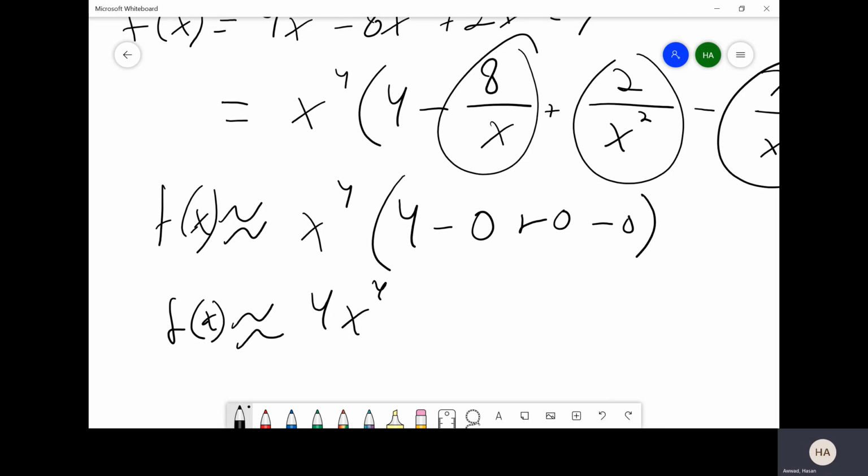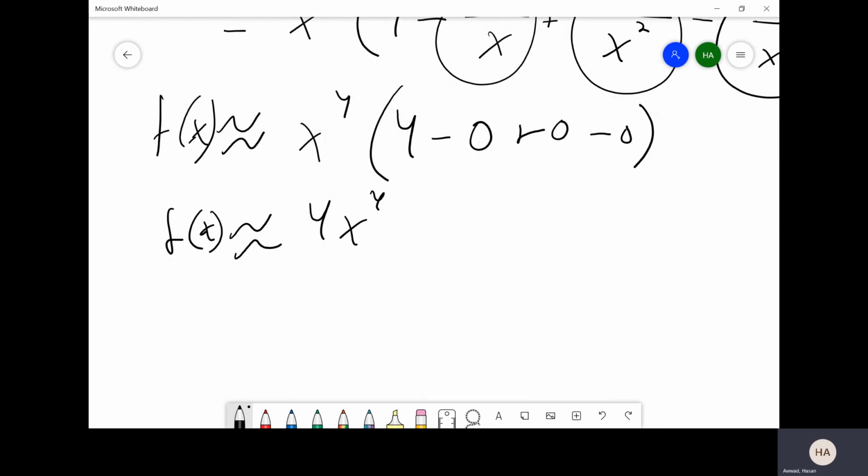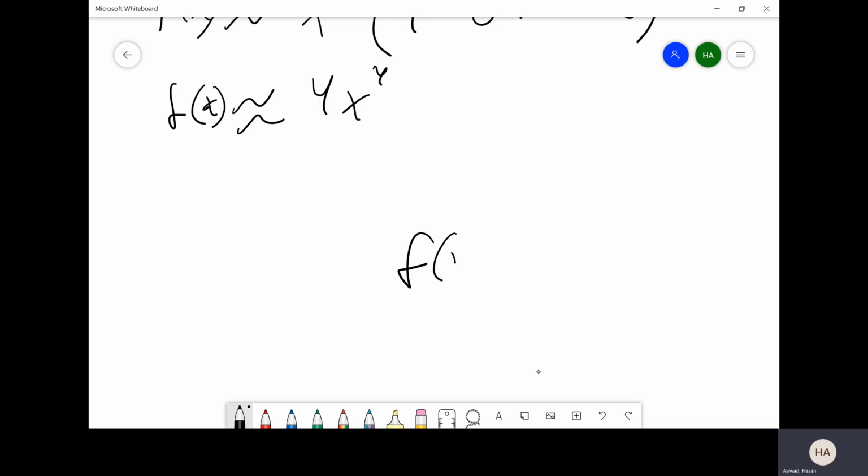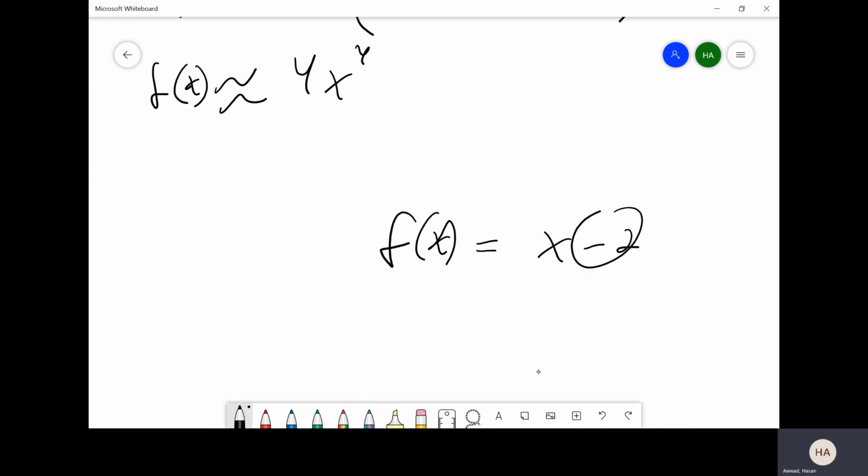Okay? And this is a little bit easier to see if you talk about linear equations, right? Just say, for example, I had f of x is equal to, I don't know, x minus 2. When you're talking about just a linear equation, this becomes super easy to think about because if you plug in a small number for x, this minus 2 plays a big part, right? If you plug in 5, then 5 minus 2 gives you 3, and 3 is decently far away from 5.